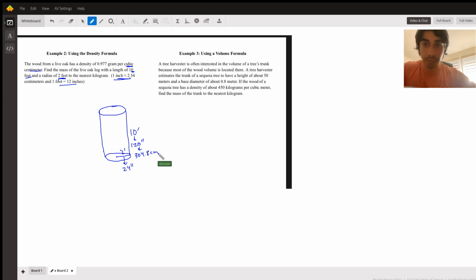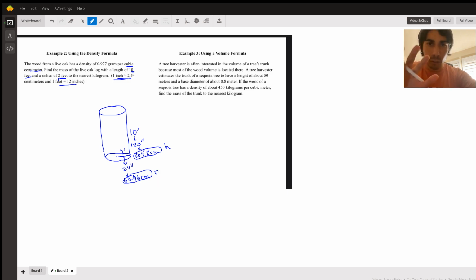That's your new height. And then for that radius distance, it's going to be 24 inches times 2.54. So that gives us a radius of 60.96 centimeters. All right. I'll just circle these so we remember what they are. That was our height, and that was the radius.